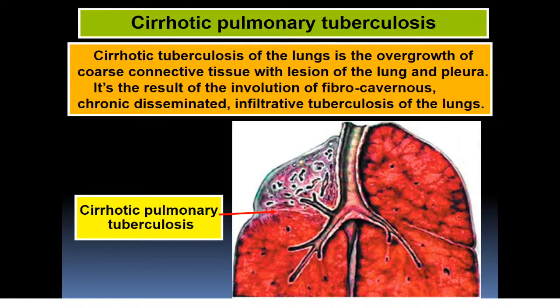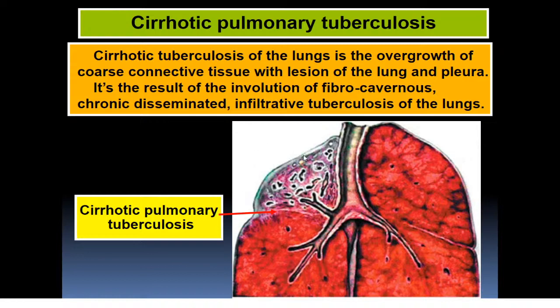Cirrhotic tuberculosis of the lungs is the overgrowth of coarse connective tissue with lesion of the lung and pleura. It's the result of the involution of fibrous cavernous, chronic disseminated, or infiltrative tuberculosis of the lungs. That's why it can form after other destructive forms of tuberculosis.